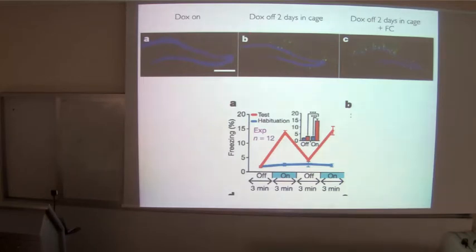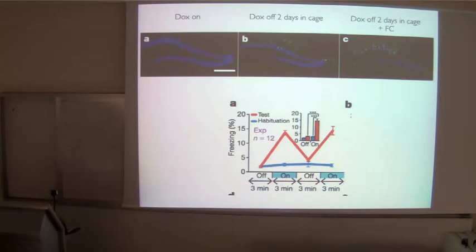If you put them doxycycline off in the cage, but you don't do any fear conditioning, very few of them are active. But if you put doxycycline off and do fear conditioning, you have these neurons activated, expressing channelrhodopsin. So these are the neurons that maintain the memory of the fear, if you like.